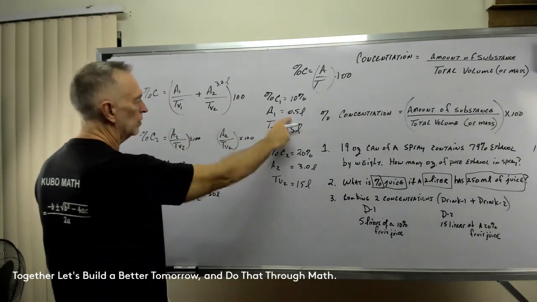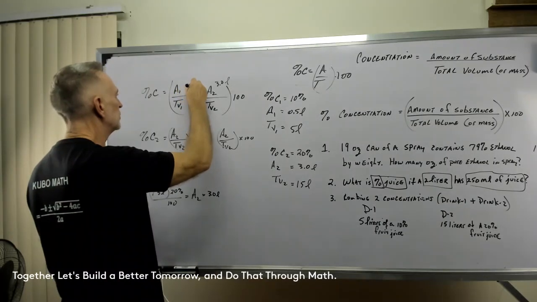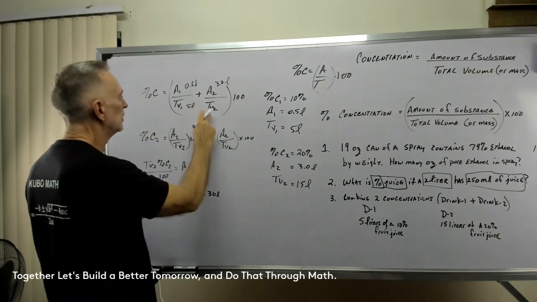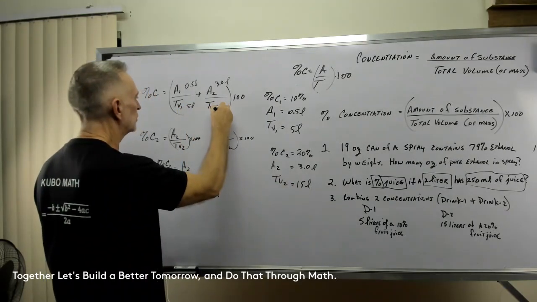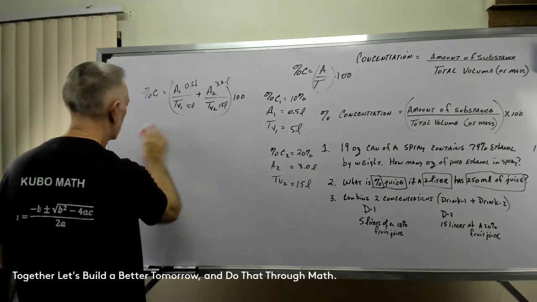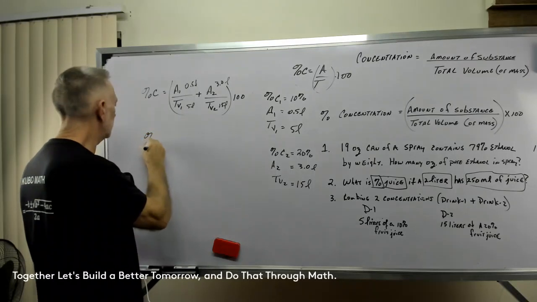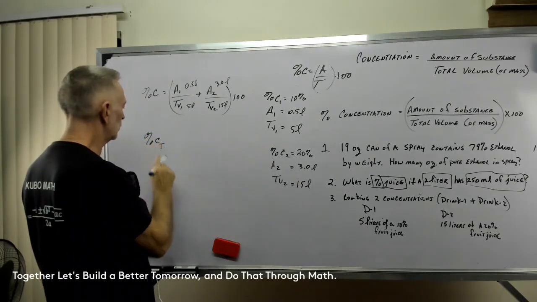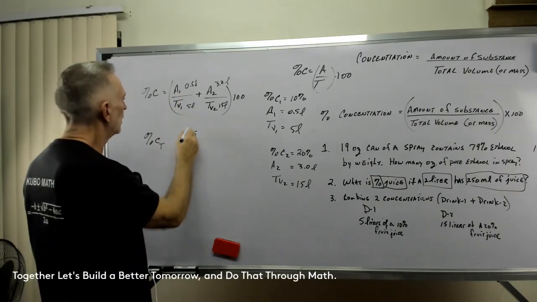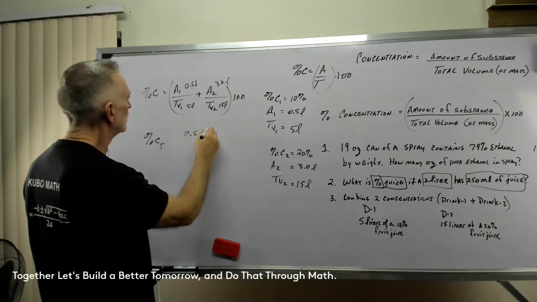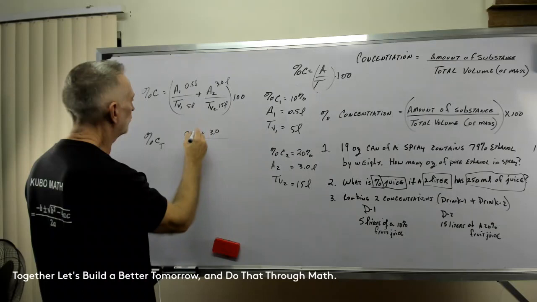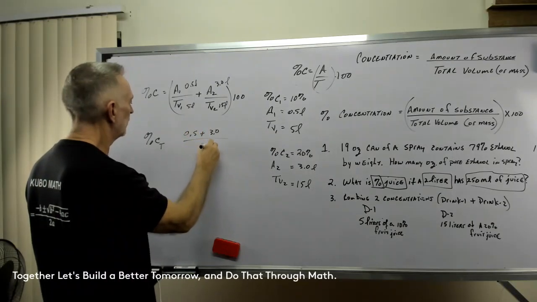And A1 was 0.5 liters. TV1, 5 liters. TV2 was 15 liters. Okay, let's clean up a little spot to work. So what do we have here? The percent concentration in total, we'll say CT, is 0.5 plus 3.0, and this is 5 plus 15 is 20.